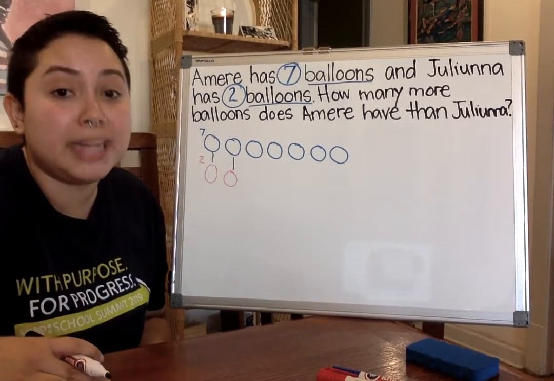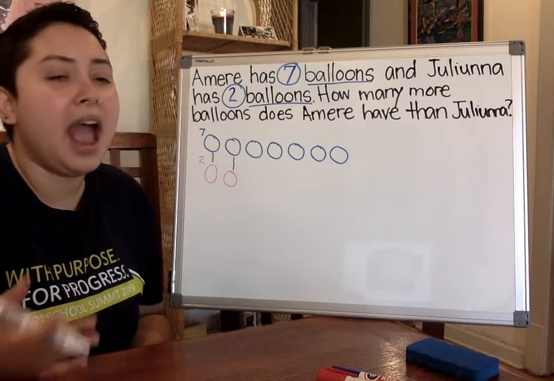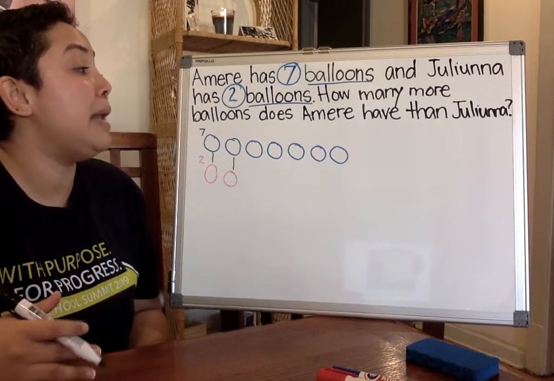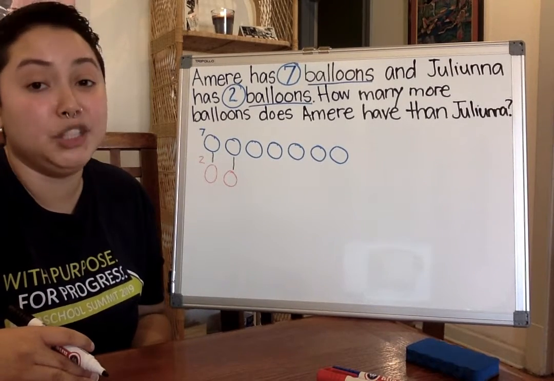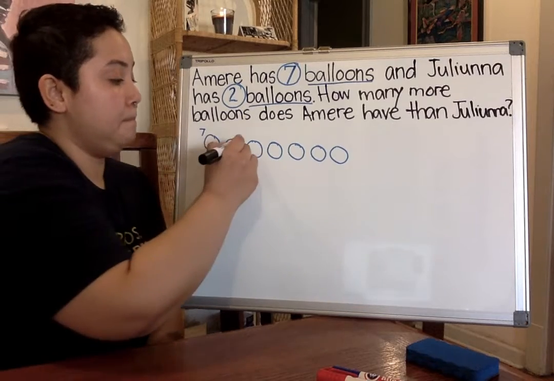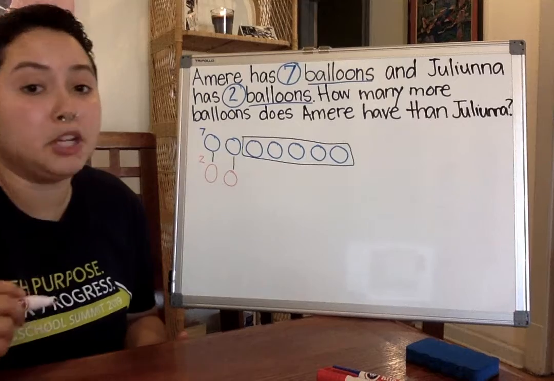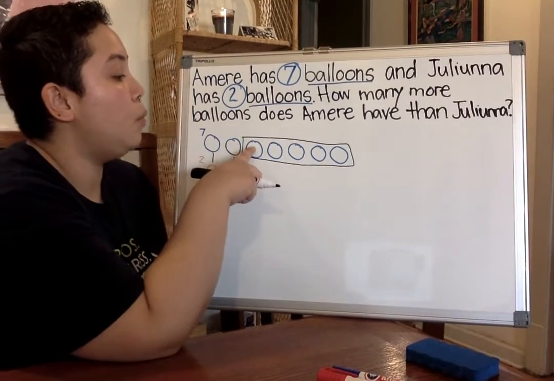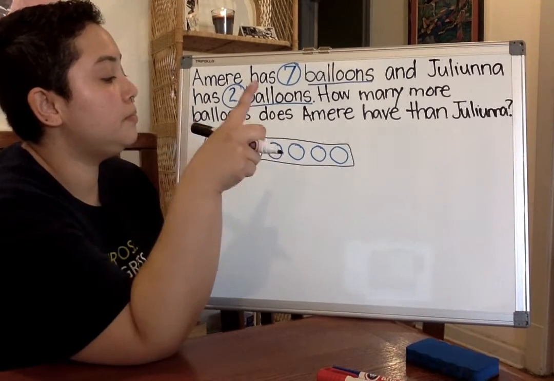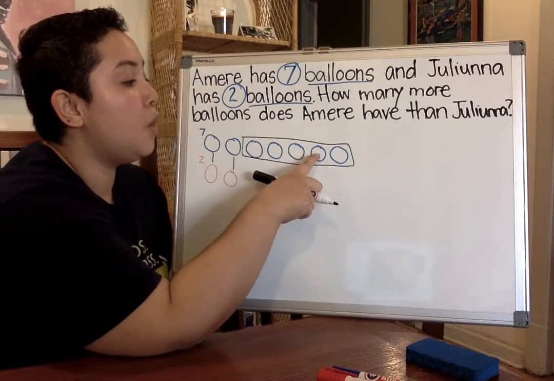What I'm going to do is circle his balloons and then count them to figure out how many more balloons he has than Juliana. Here are Amir's balloons. I see 1, 2, 3, 4, 5.